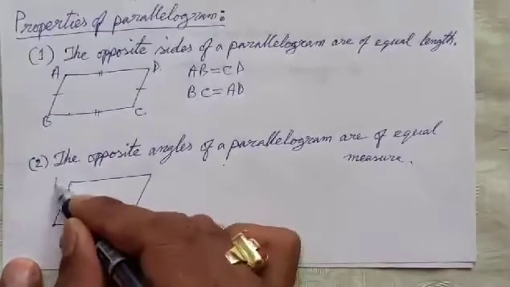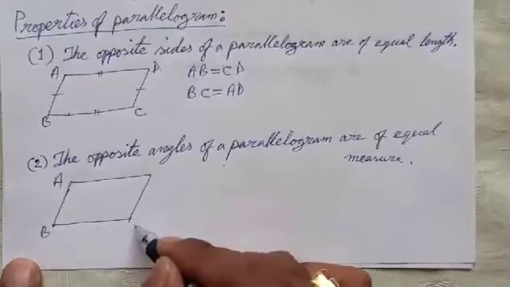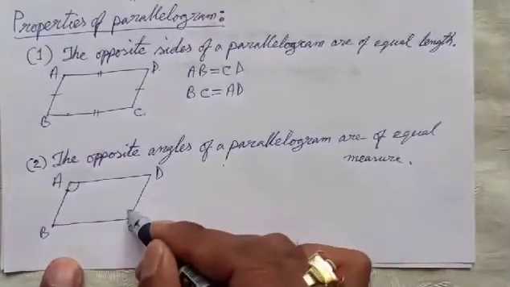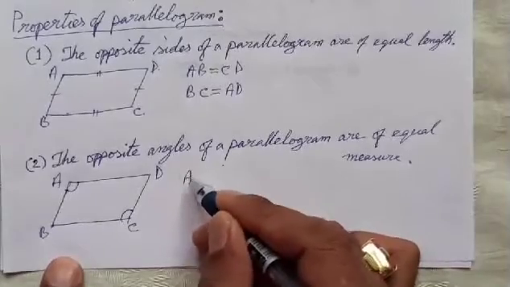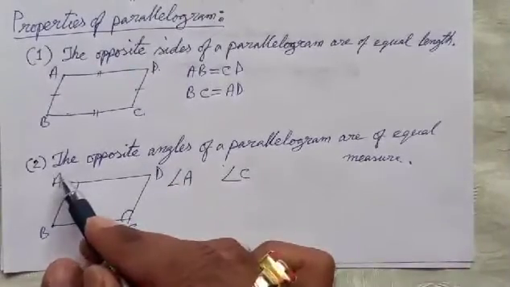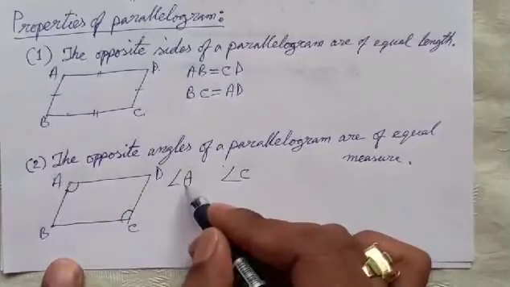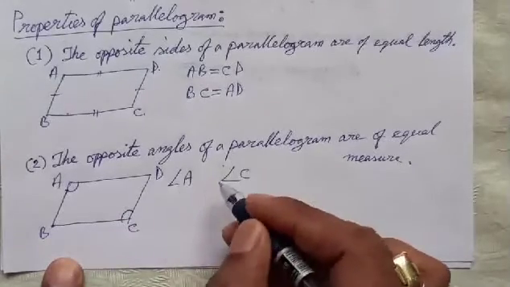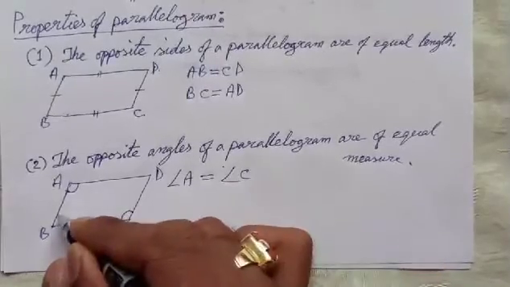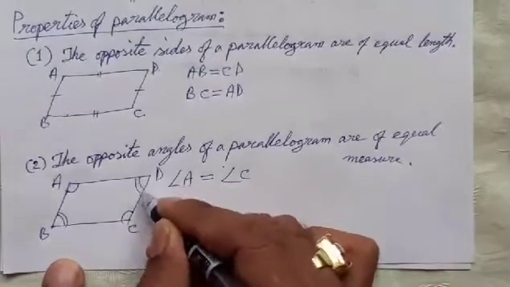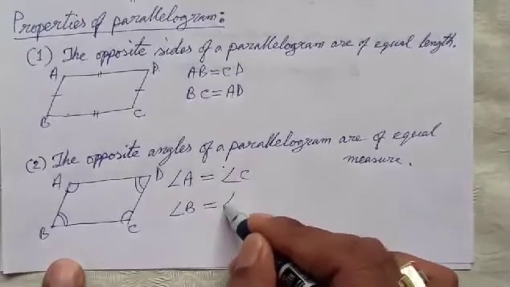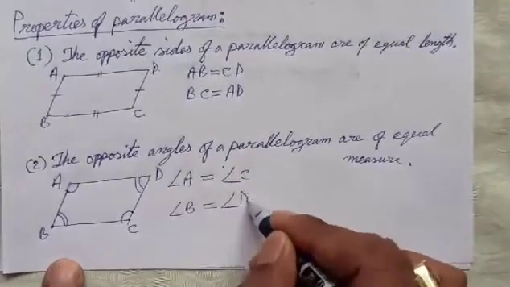Let's name this A, B, C, D. Here, angle A is opposite to angle C, and by this property 2, opposite angles of a parallelogram are equal. That means angle A is equal to angle C. Then angle B is opposite to angle D, so angle B is equal to angle D.